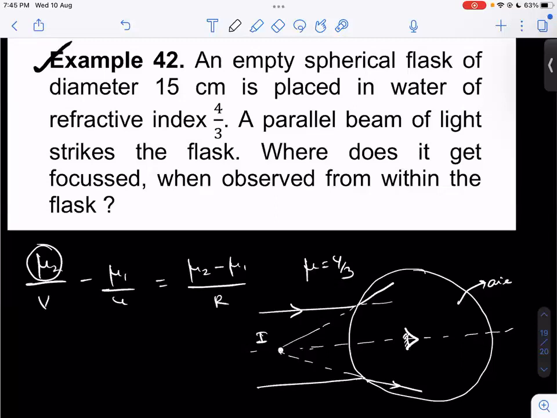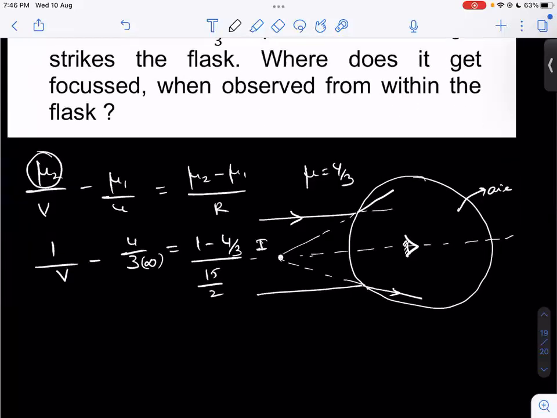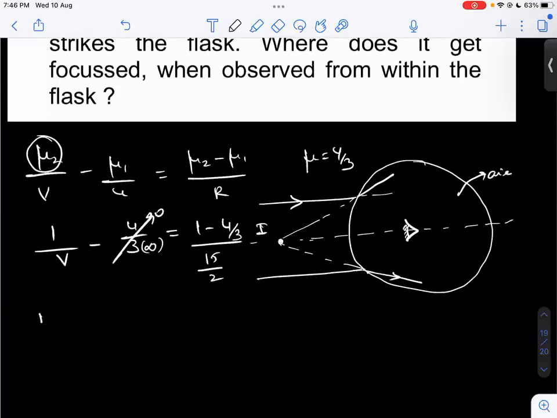Air, no. 1 by v minus mu1 is 4/3, and u is infinity, is equal to mu2 minus mu1, so 1 minus 4/3 divided by r. R is 15/2. Is it positive or negative? Positive because it is on the right hand side. So this value will be 0. 1 by v is equal to minus 1/3 divided by 15/2.